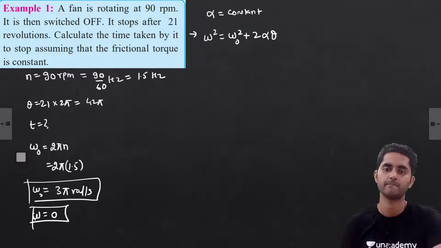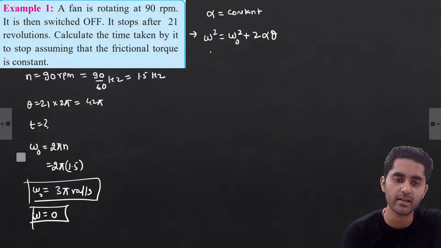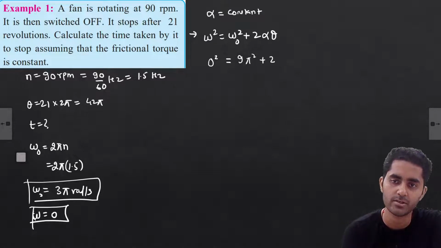So you'll have omega square, that is 0 square, is equal to omega naught square, that is 9 pi square, plus 2 alpha, and theta is 42 pi.